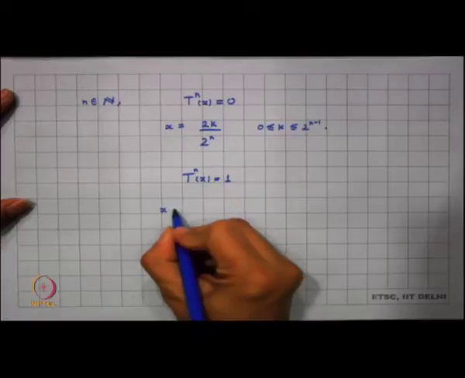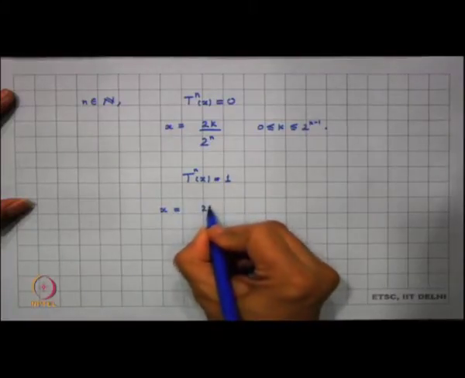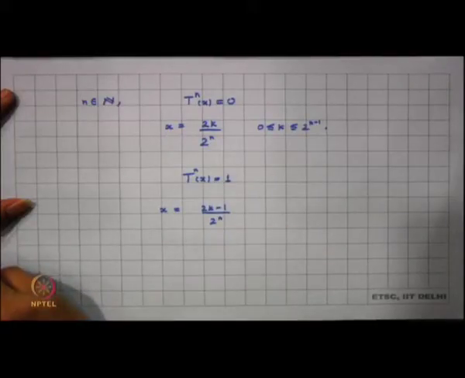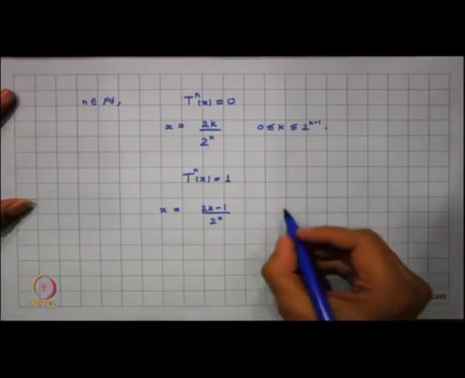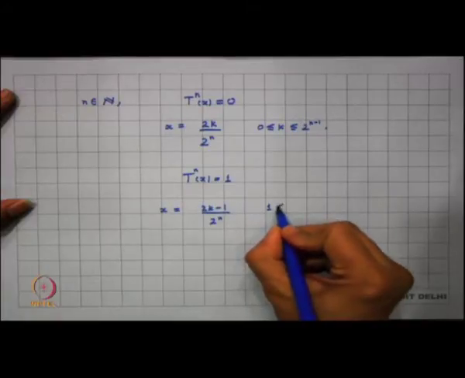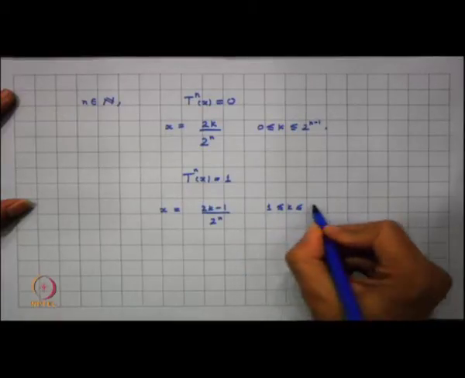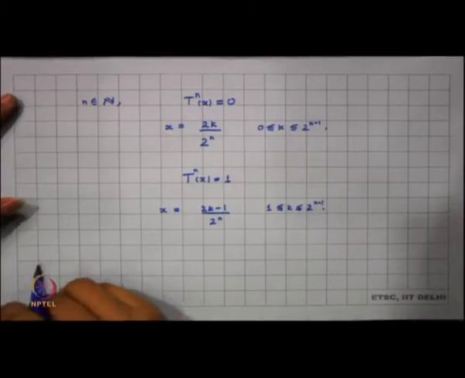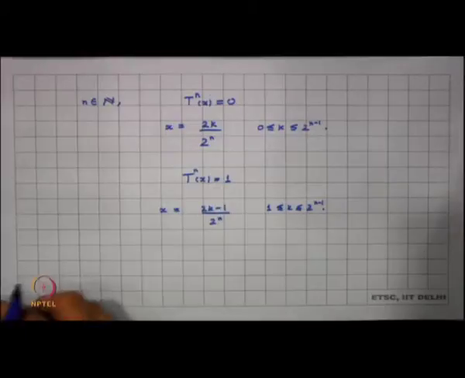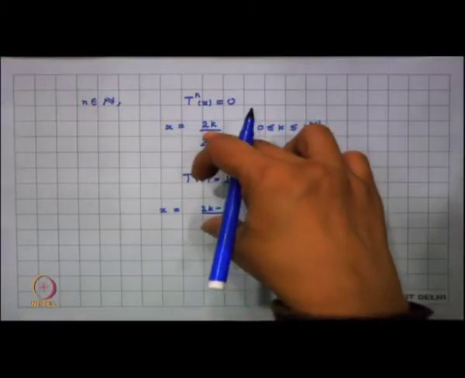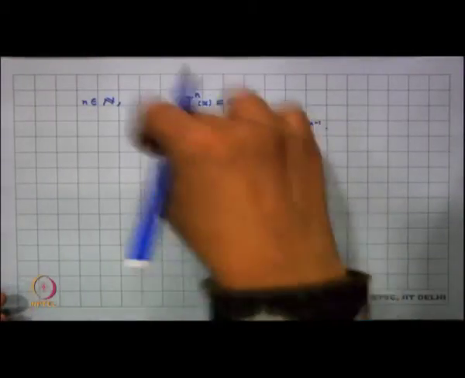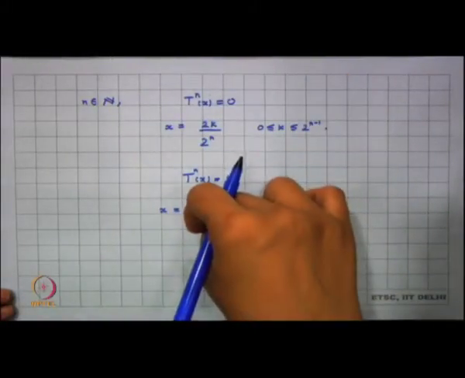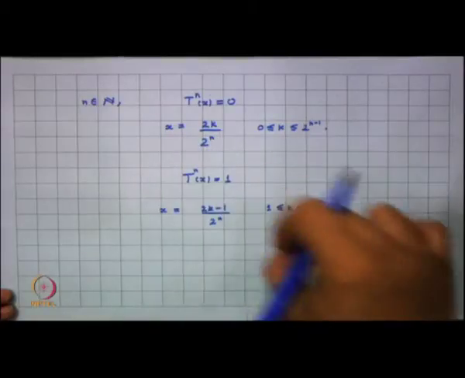This is true for all x equal to (2k minus 1) upon 2 to the power n, where k varies between 1 and 2 to the power n minus 1. So, one thing is clear: at all these particular values, in n steps x reaches 0, and for these other points, in n steps x reaches 1.